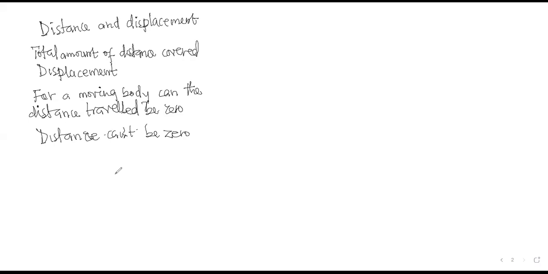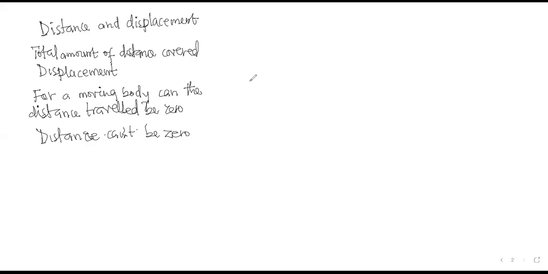How? Sir, when an object has moved a certain distance, as long as it ends up in the same position it started from. For example, if a person is walking around a circular track and returning to their starting point, they might have traveled a significant distance, but their overall displacement is zero because they are back where they began.